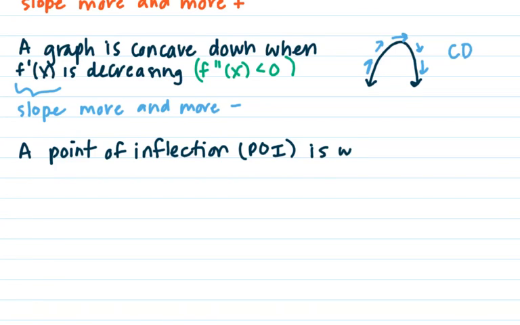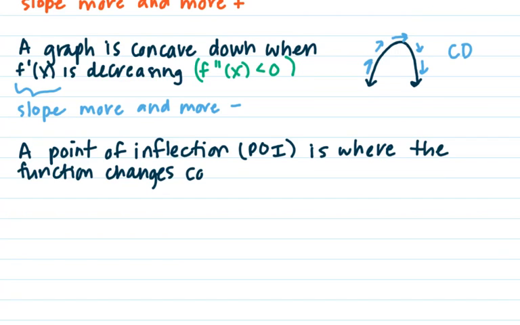And that is where the function changes concavity. And this would occur wherever the second derivative is 0 or undefined. So that's a common thing we look for in this unit.